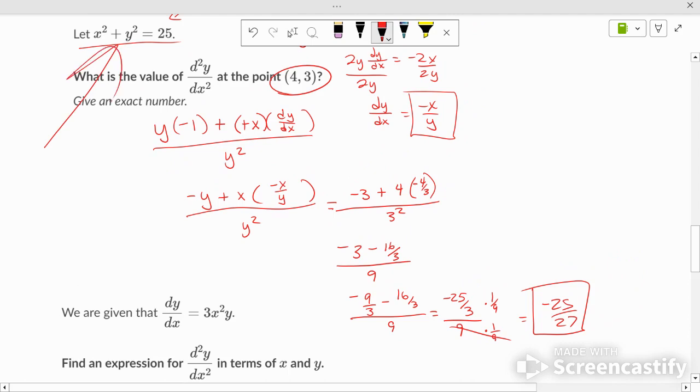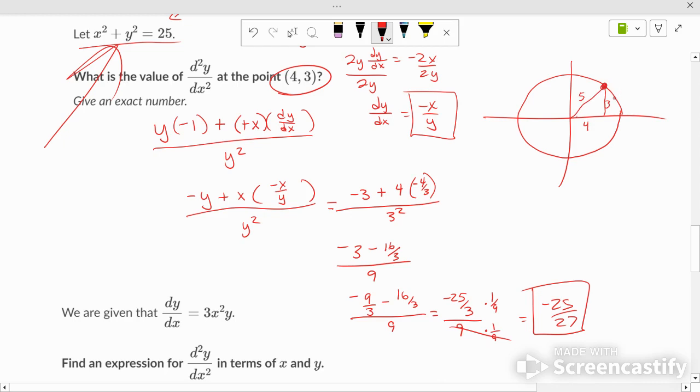Anybody know what this looks like when it's graphed? Oh, you guys are so smart. It's a circle. It's a circle with a radius of 5. Okay? So over at 4,3, it has a radius of 5 there. See, right there, it's on the circle.